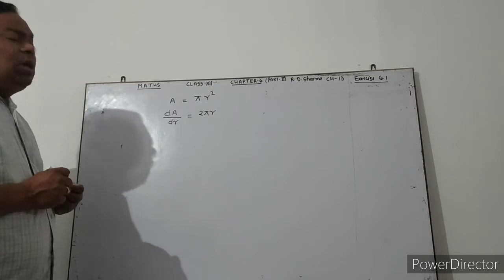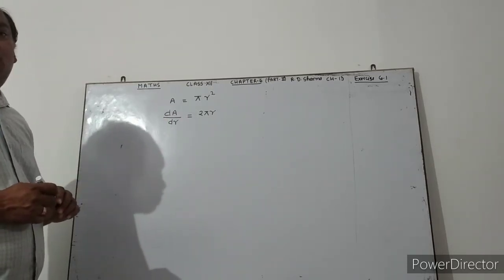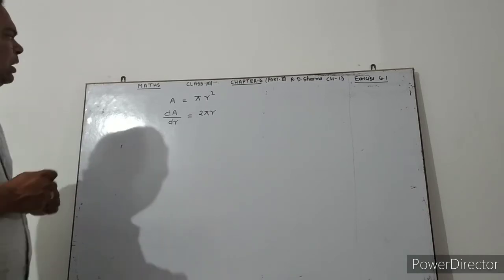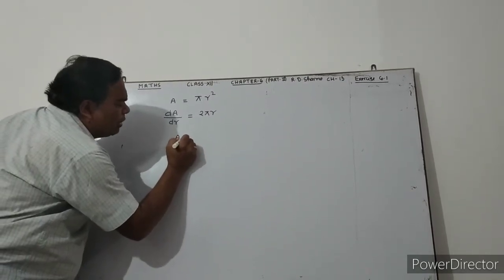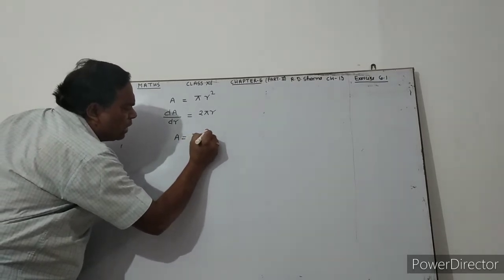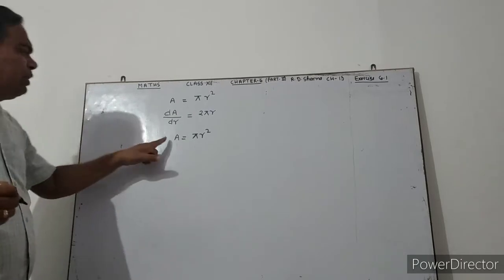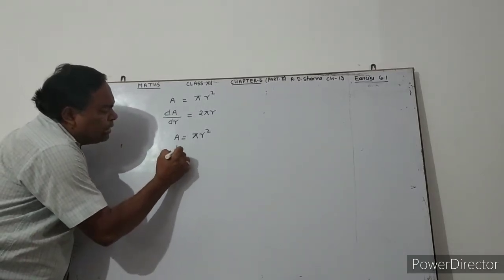Now, if we discuss the area with respect to the time, then if we differentiate with respect to the time, rate of change with respect to the time, then dA upon dt.